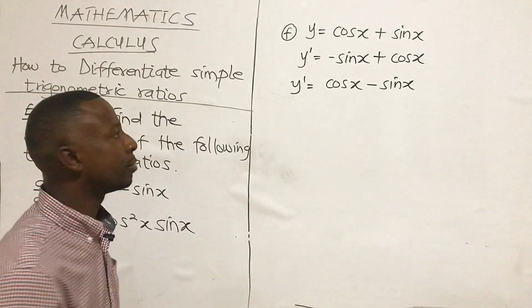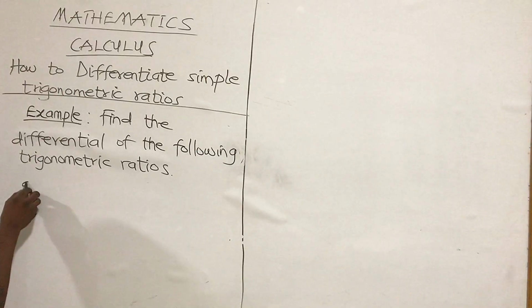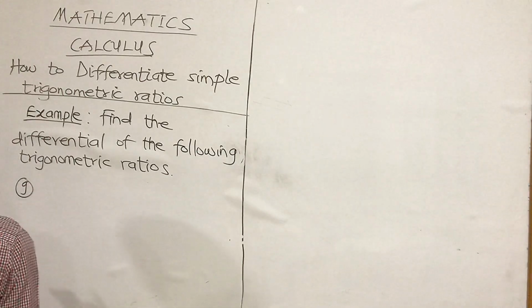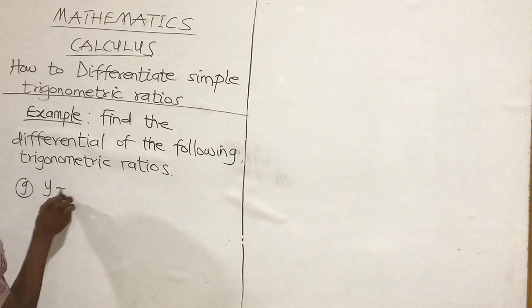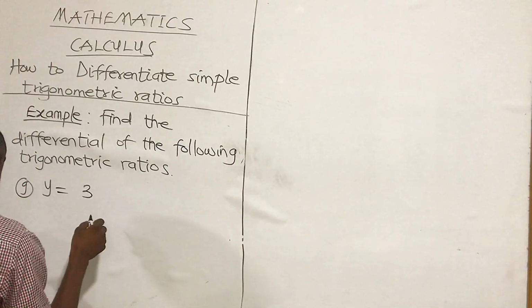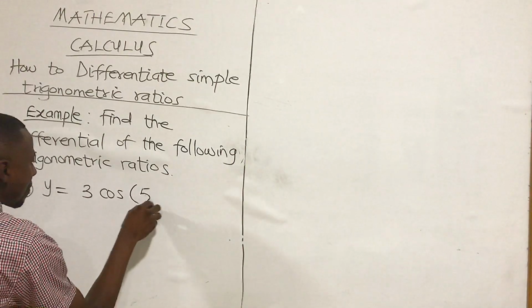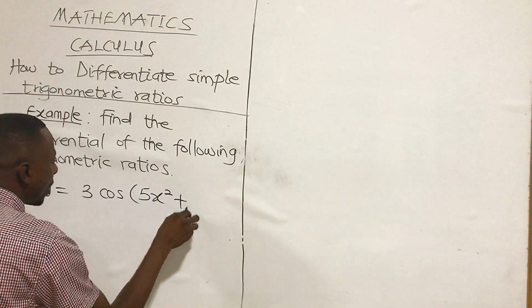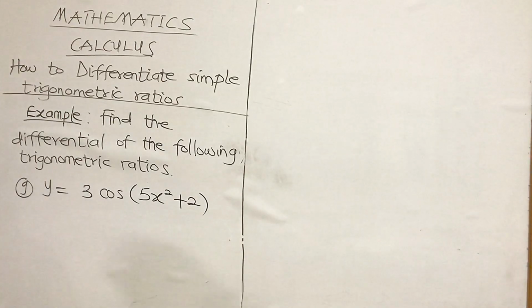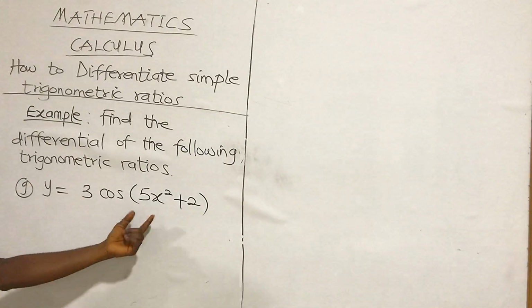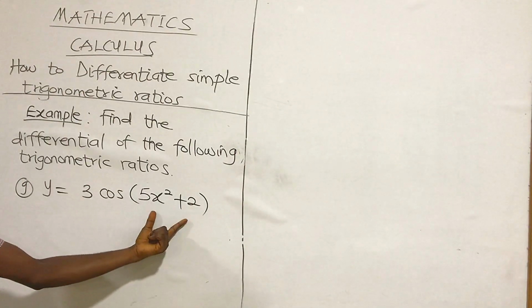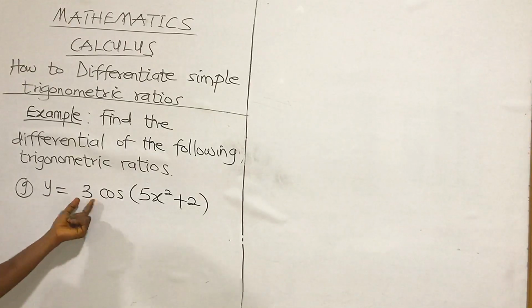The next example, G. y is equal to 3 cos bracket open 5x squared plus 2. Now from here we are going to differentiate what we have from the bracket, multiplying the coefficient here.